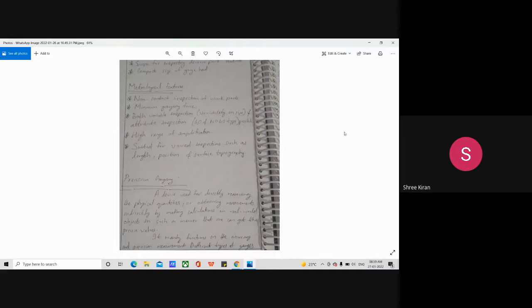Then the next name is precision gauging. The name itself defines what it is required for and what its purpose is. Precision means, in one word, what can we say? Any one of you? Sama, can you tell me what precision means?